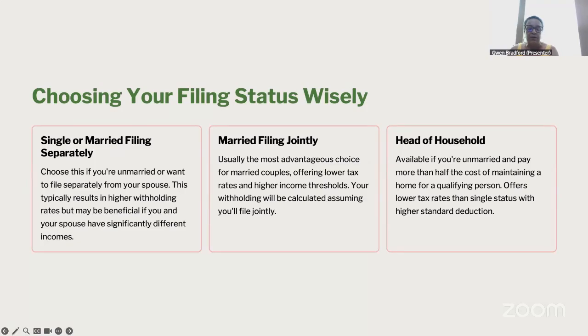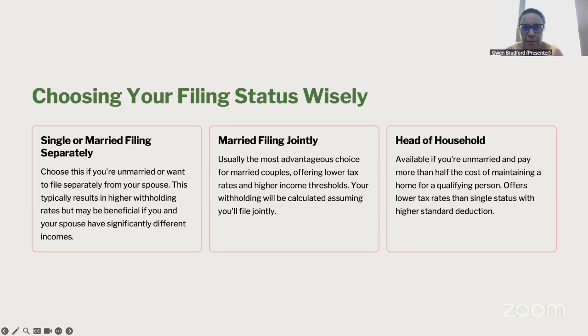And the next one is married filing jointly. That particular status has a lower tax rate, and you think in terms of filing your 1040 form with your spouse. And then the last status would be head of household, for individuals, say, single parents who have children that they're taking care of. And that rate would be even lower than the single status.